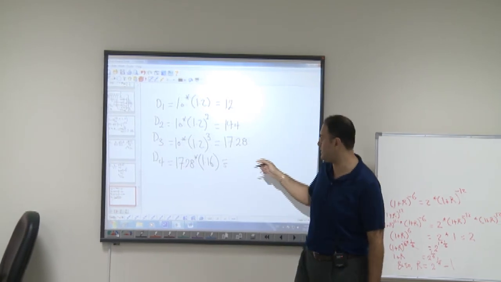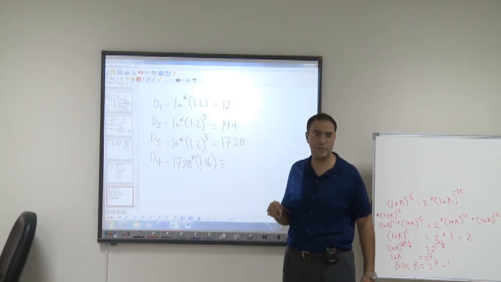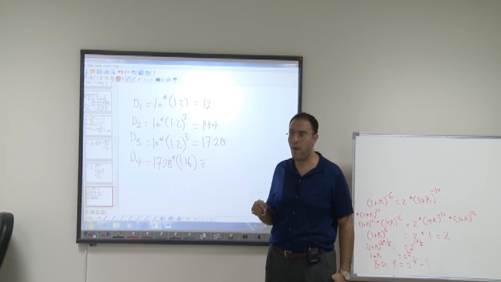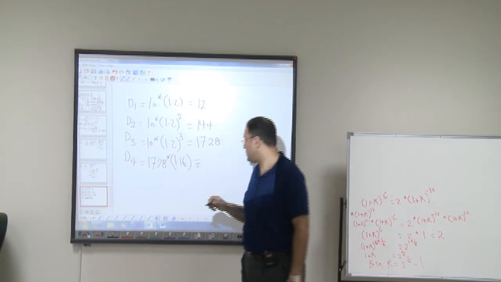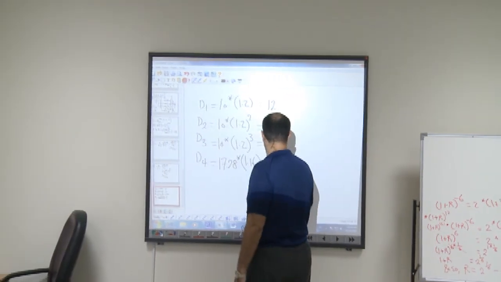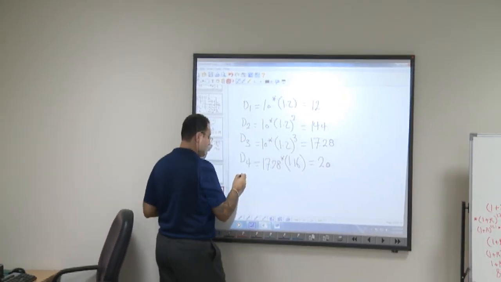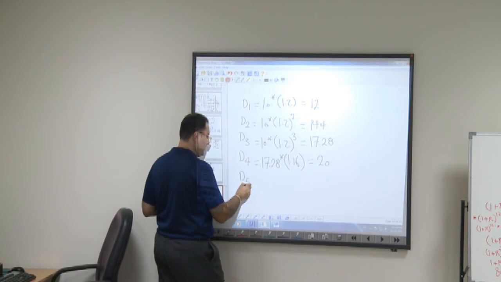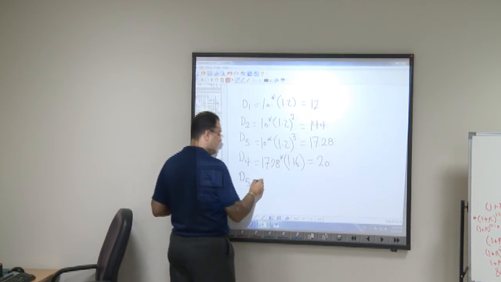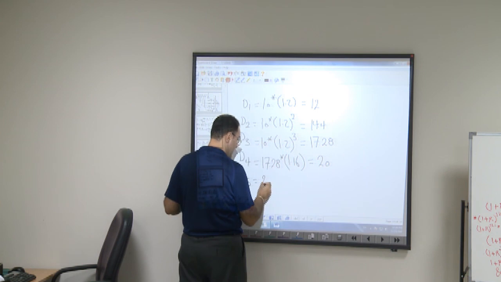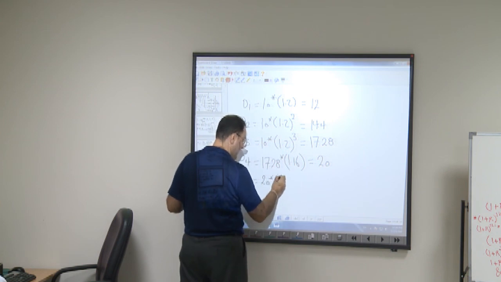So 1728 times 1.16 is how much? 20. It's going to be 20, no problem. What about D5? D5 is going to be 20 times 1.16, right?